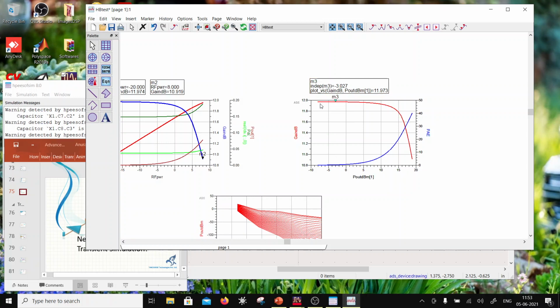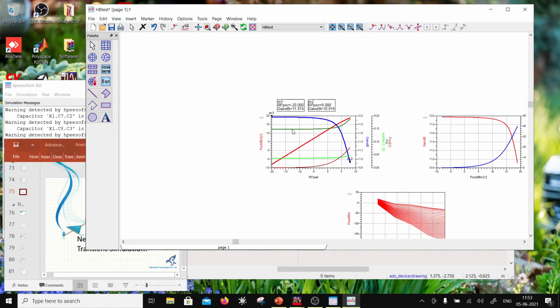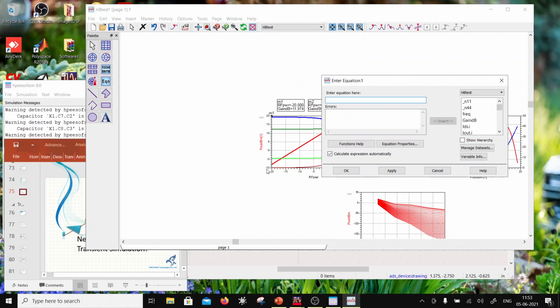Okay, so not over here. Let's put a marker over here, which is M1. So let's find out what is the index of that M1. I will say N is equal to find index, and it's a function, and for that I'll put the series here.